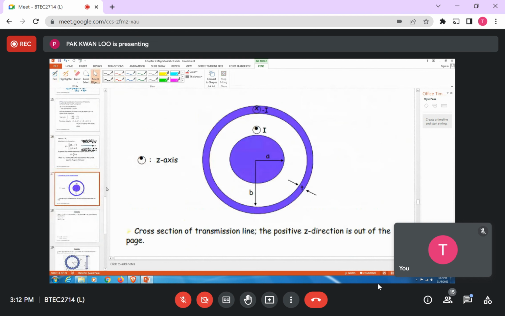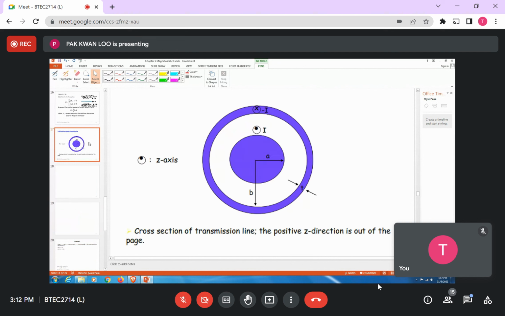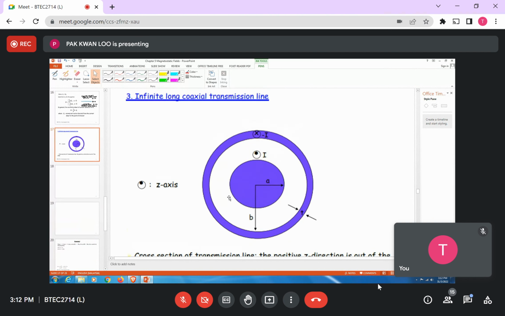Okay, let's do another example. We are going to evaluate the magnetic field in all regions. The conductors are concentric with each other.